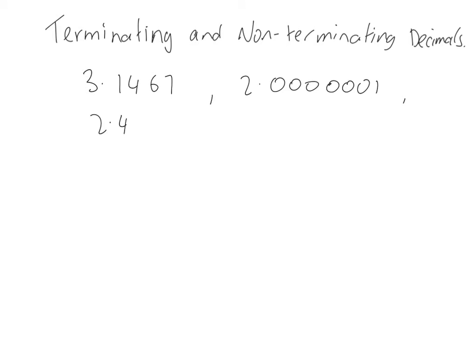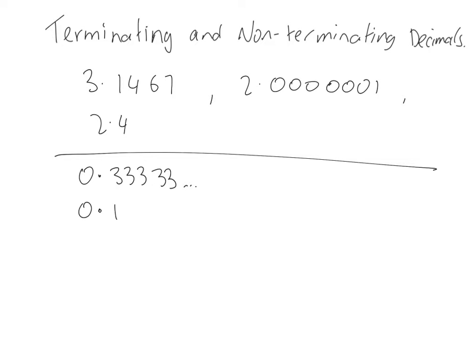Non-terminating decimals, however, don't stop. There are two different kinds of non-terminating decimals. Ones that have a sequence of digits that repeat, like for example 0.3333 ellipsis, or a bunch of digits that repeat, 0.123 123 123 123 ellipsis, or they might start randomly, so 3 6 1 2, and then start repeating 387 387 387 ellipsis, and so on.